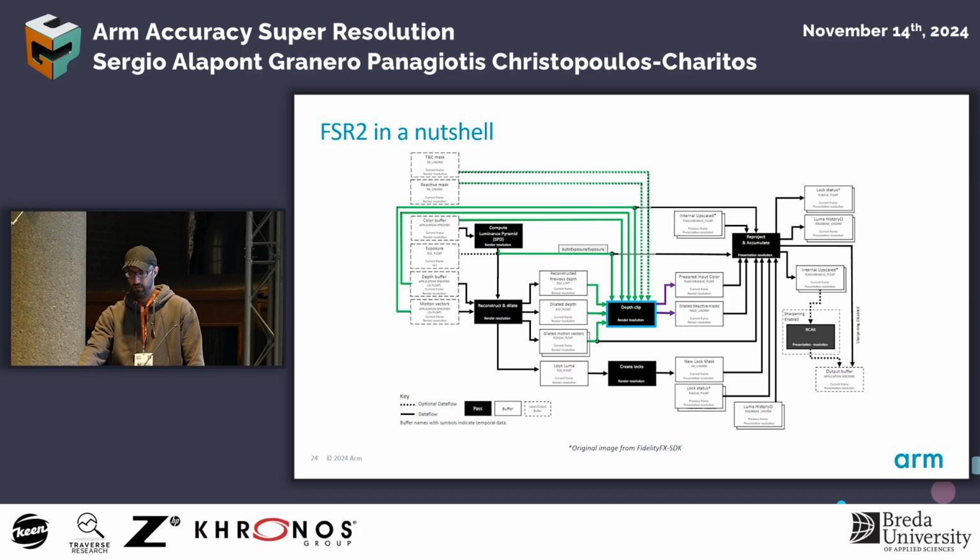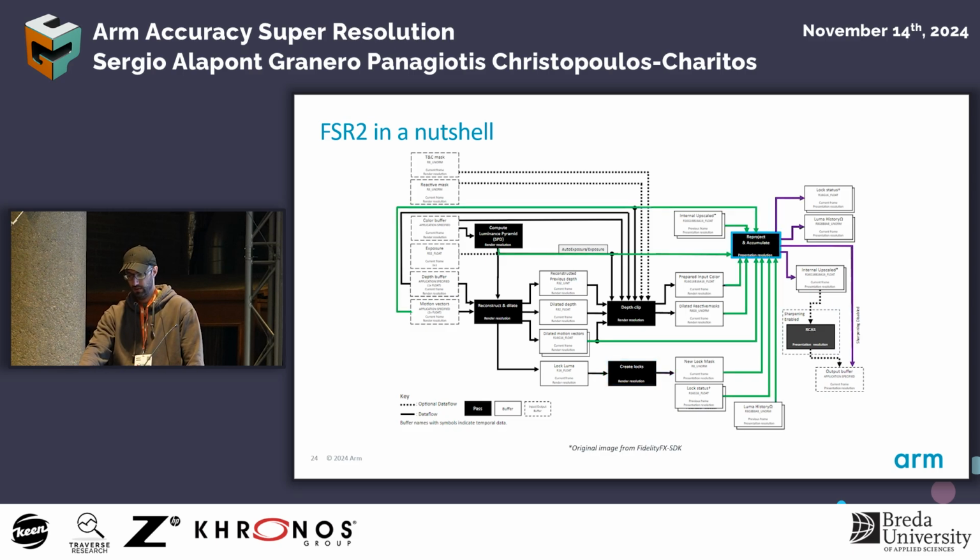Depth clip builds a final version of a reactive mask using the occlusion data and the user's provided input masks, and will be used to guide the temporal accumulation. Lock pass builds a mask with pixels that were identified as thin details and thus candidates for temporal instability.